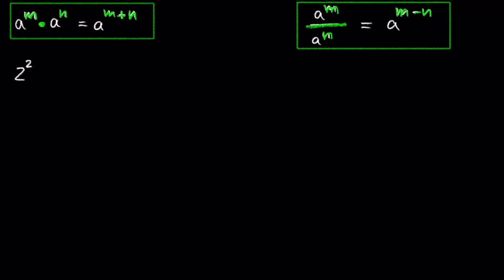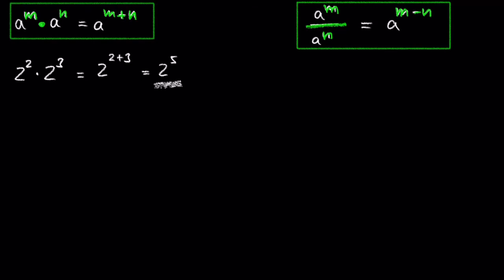2 to the second times 2 to the third. The base of both expressions are the same, and there is a multiplication between the two expressions, so we can use the law of multiplication for exponents. Now, our law tells us that this is equal to 2 to the power of 2 plus 3, or 2 to the fifth power.